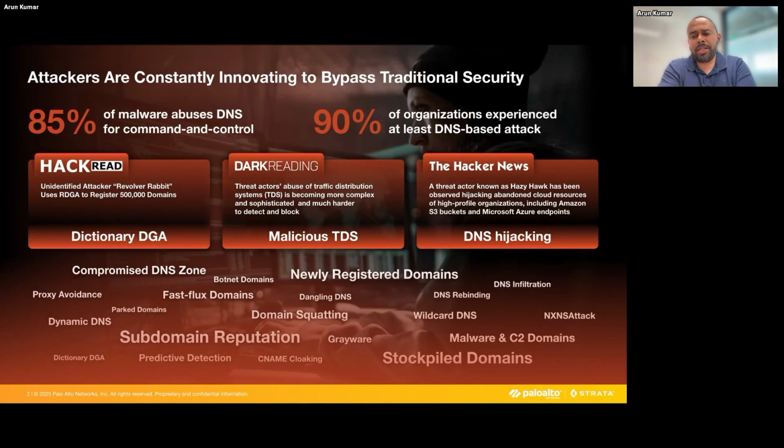Like last year, we released Advanced DNS, and the focus of that solution was to identify things like DNS hijacking. Now, DNS hijacking itself is not new. It's been around for a while, and there have been solutions built in, things like DNSSEC.